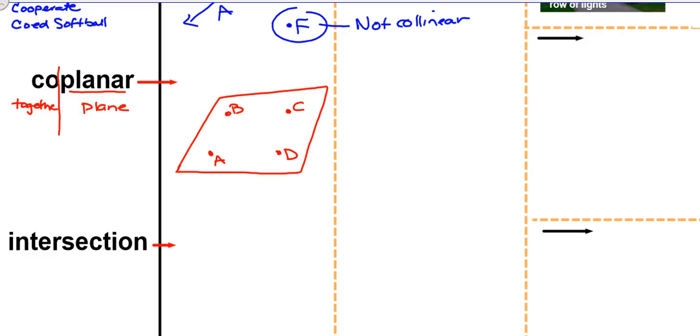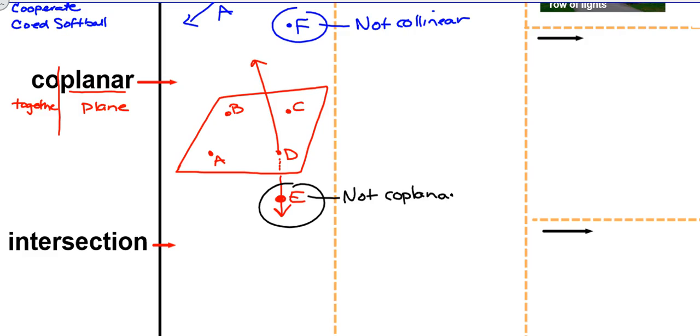Then, what if I draw a line behind it that goes through the plane and I put a point down here, E? Is E coplanar with A, B, C, and D? No, this is not coplanar. My coplanar points are A, B, C, and D.